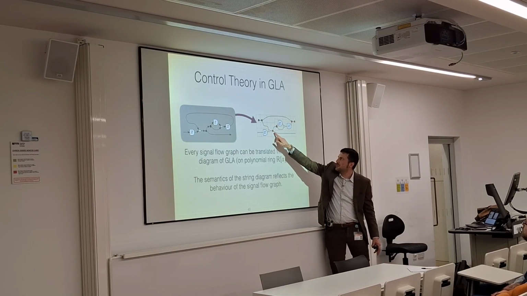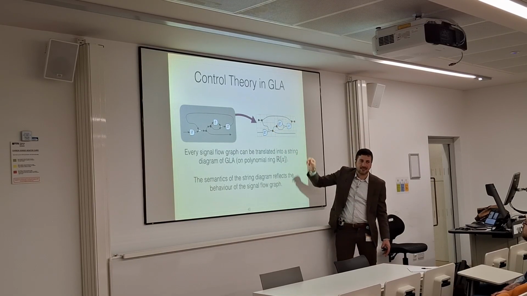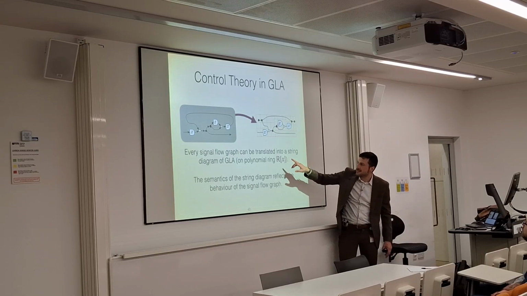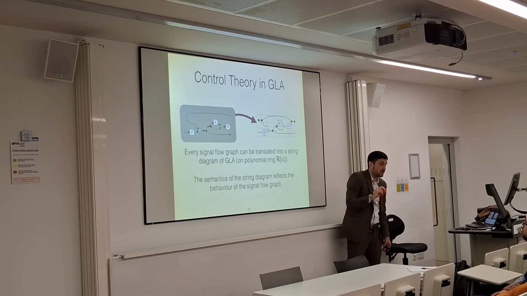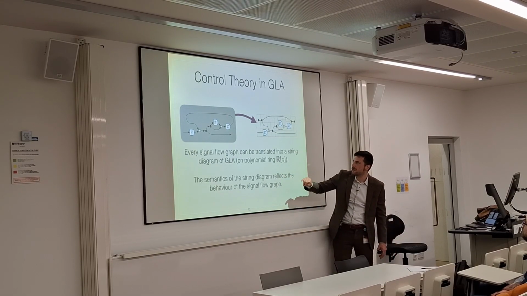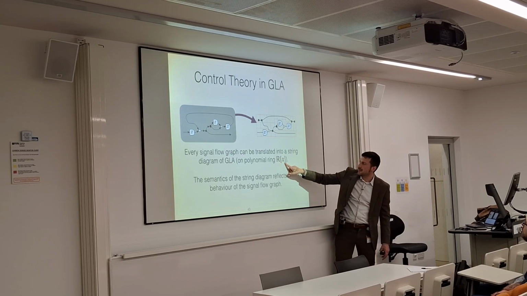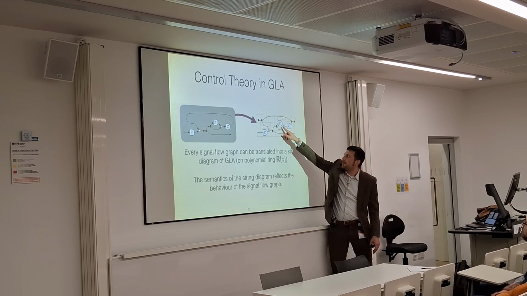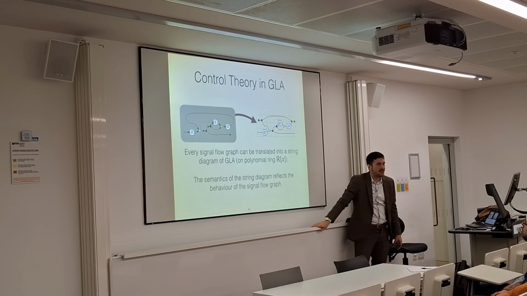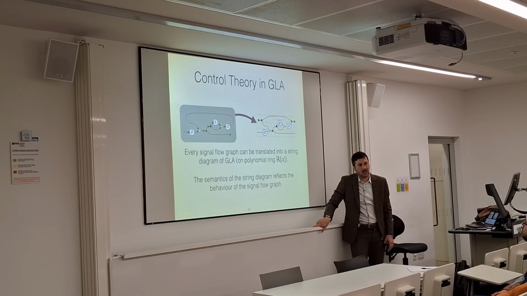There is addition, there is copy, and these axes are there because the ring you have to fix to get the semantics of linear flow graphs is the polynomial ring over the reals with one indeterminate x. So this x appears as a scalar, and this interpretation is a one-place memory location.